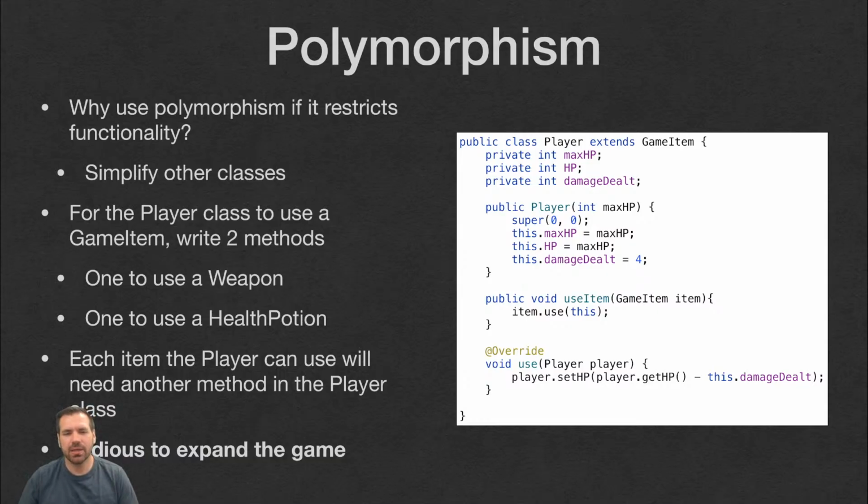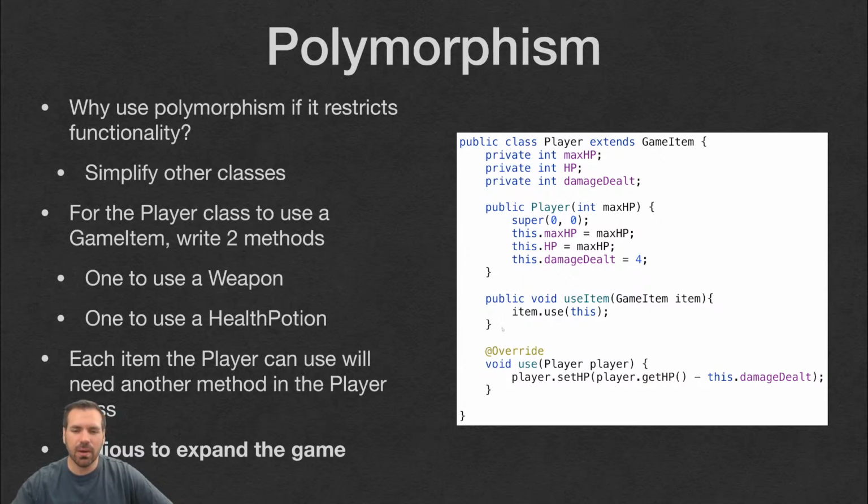We would need use weapon that takes a weapon, use health potion that takes a health potion, use bow and arrow that takes a bow and arrow, use mana potion that takes a mana potion, use sword that uses a sword. You're going to need a use method for every single item in your game. And that gets tedious. That's a whole bunch of use methods, one for every single one. That's going to be very painful.